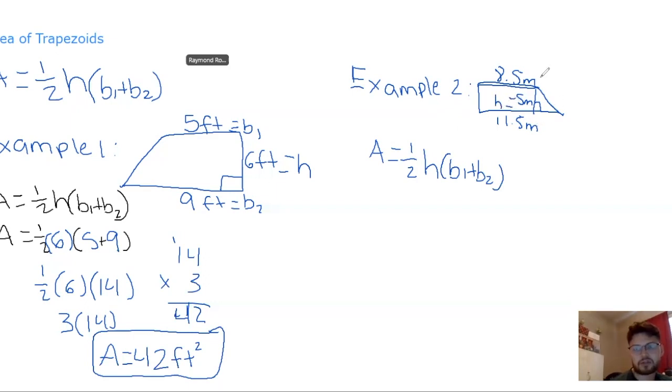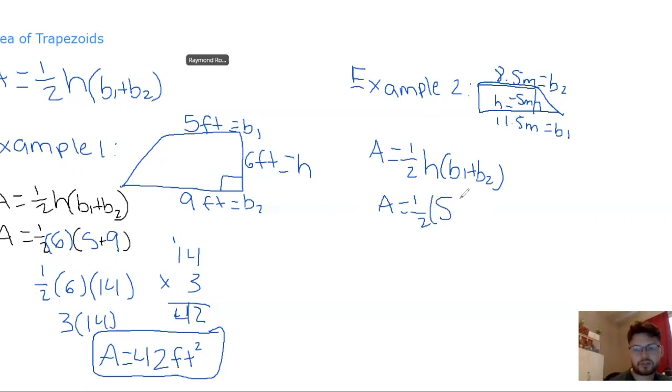And let's say we want the top to be our base 2. Let's see if that changes anything. 11.5 will be base 1. So now we identified everything. Plug it all into this equation. So the area equals 1/2 times the height, which is 5.